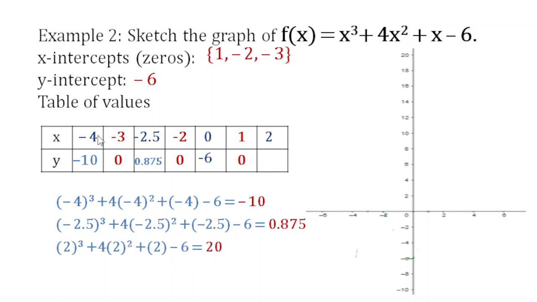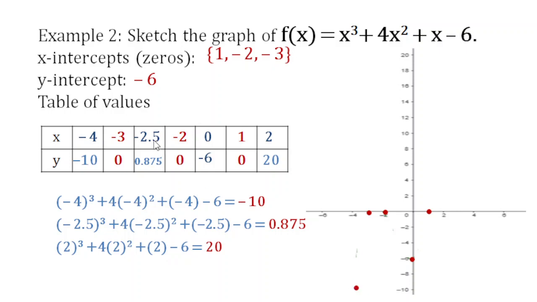So we are going to use these points in sketching the graph of our function. So let's start. The zeros first, negative 3, negative 2, and 1. Then our y-intercept, negative 6 here. Then negative 4, negative 10, it's somewhere here.